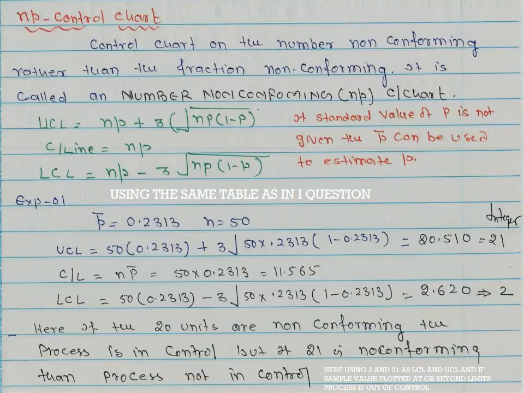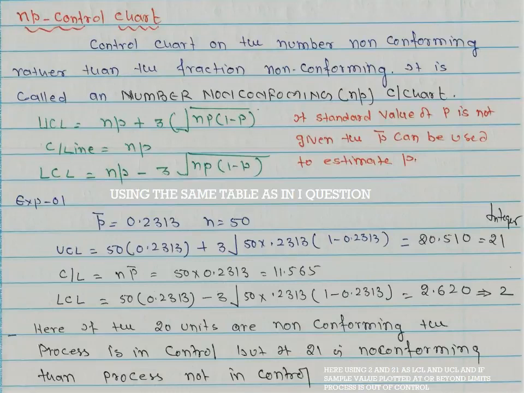That means if anything goes beyond these two limits, then we can say that the process is out of control. So in this way we are drawing the NP chart.